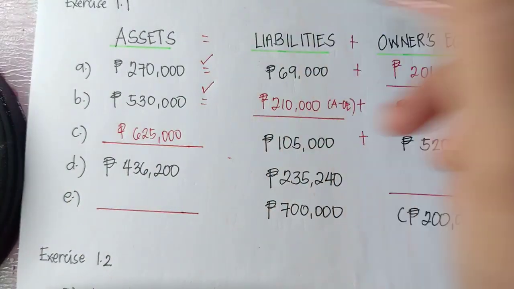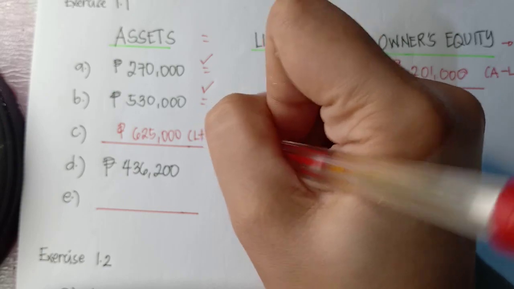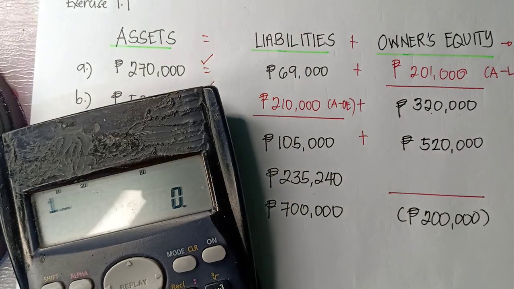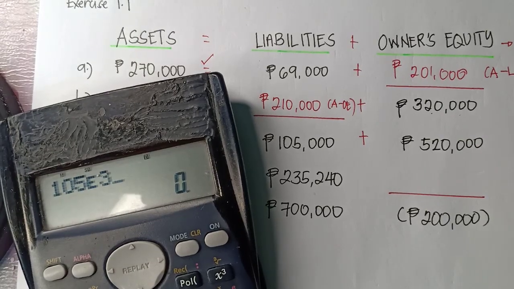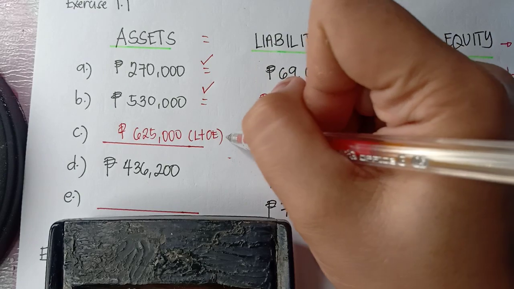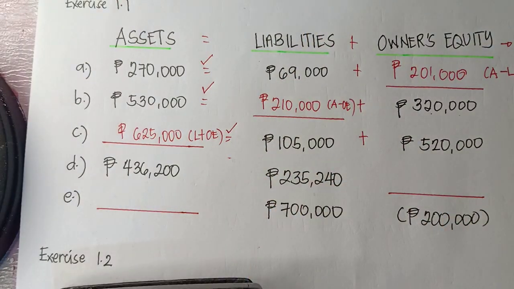How did we get it? Liabilities plus owner's equity. We will check: 105,000 plus 520,000. Therefore, our answer is correct because assets is balanced with the liabilities and owner's equity.